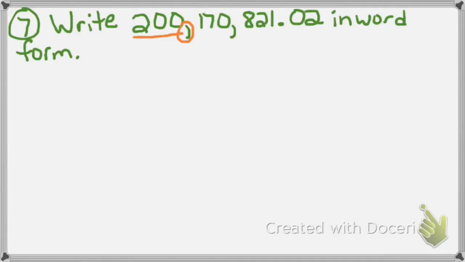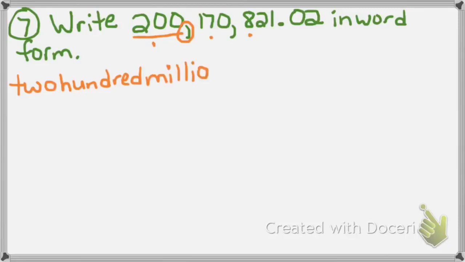If I look at my numbers, it's 200, so I'll write 200 in words. My comma tells me I need to write the name of the period, but which period is this? Well, let's see. This is the ones period, thousands, millions, so that comma means million. 200 million. Put the comma in.